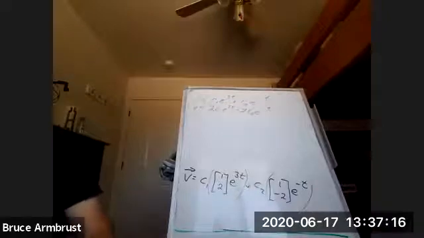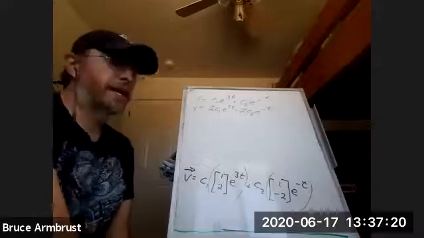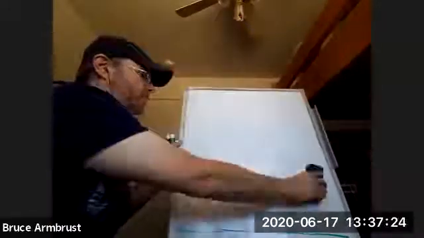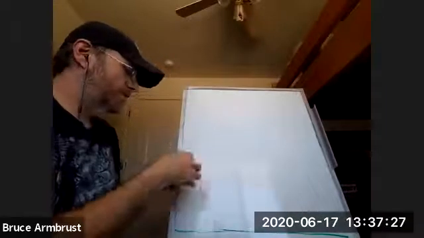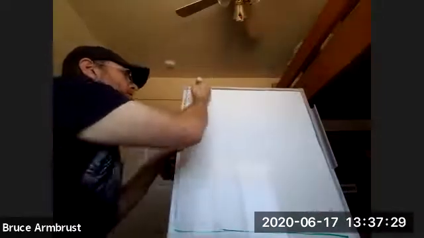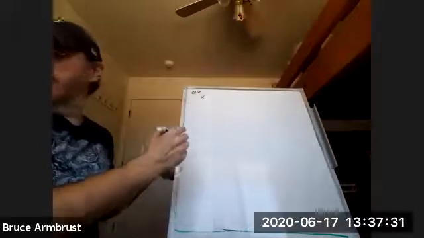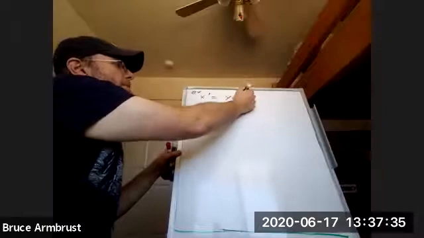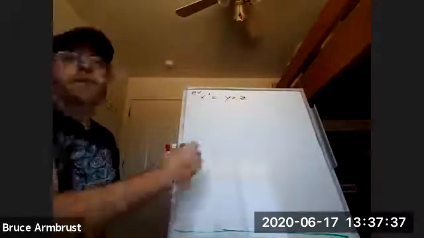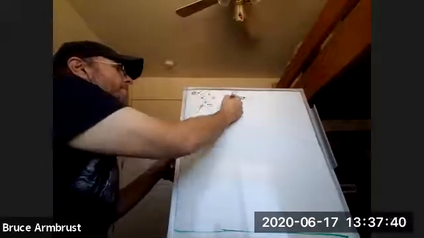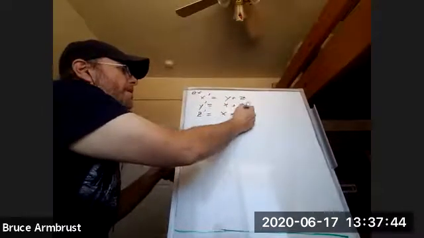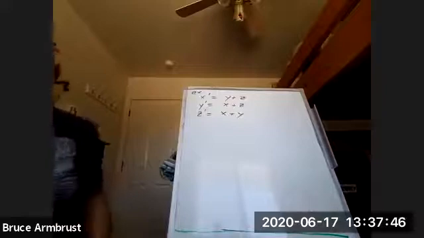All right, so let's try another one. Let's go to a 3x3 system, just to remind you how to do those. Let's say we've got x prime is equal to y plus z, y prime is equal to x plus z, and z prime is equal to x plus y.